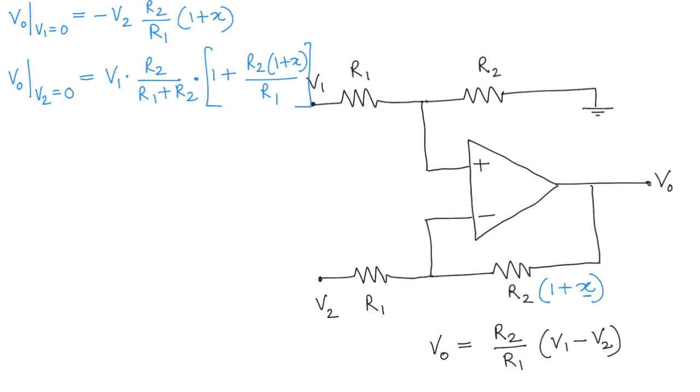Now you can reduce the equation further, it's just basically algebraic manipulation here, and what I get is something like this. So you get R2 over R1 times (1 plus (R2 over R1) X by (1 plus R2 over R1)). So what is the total V output?